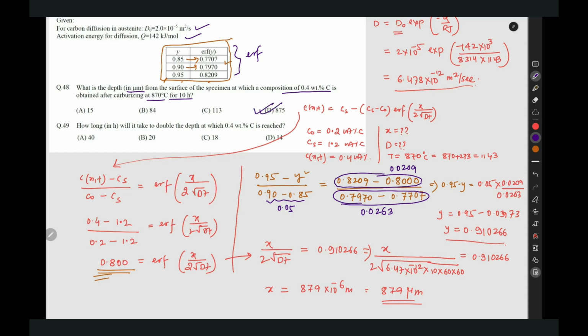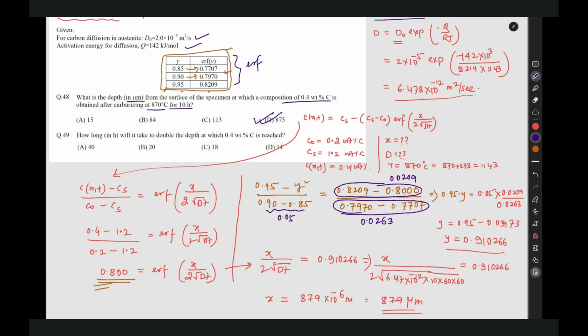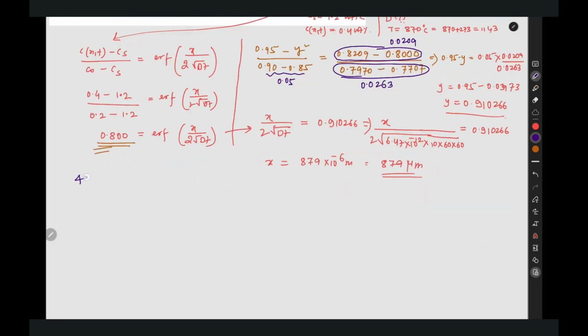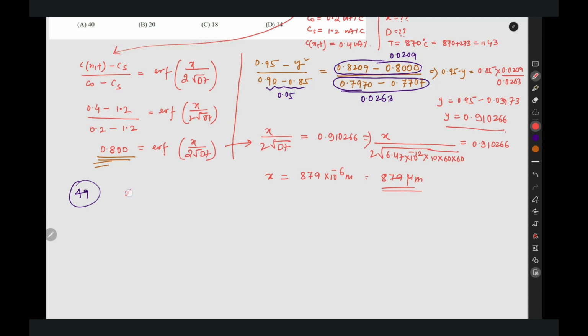Now we will calculate for question number 49 of 49, the second part of this question. In the previous question we have already seen this relation x by 2 root Dt equal to constant. So we will use this relation for the second part.